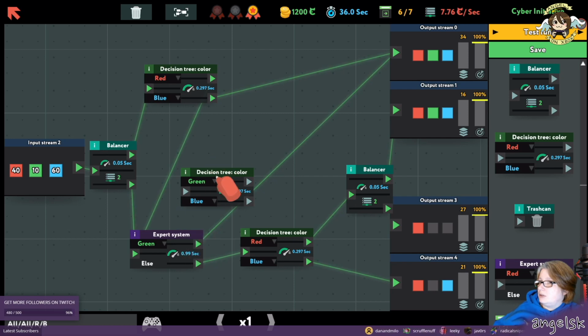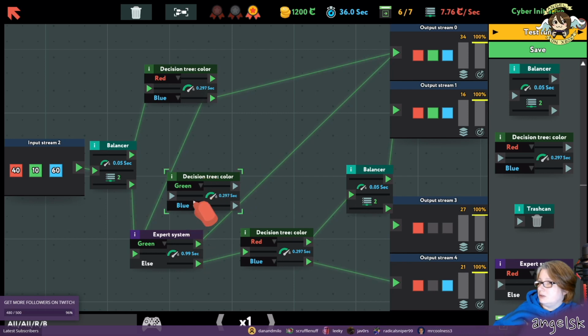A bit of red. No, we need red down here, so red with a little bit of blue goes into here. And green goes up into here.